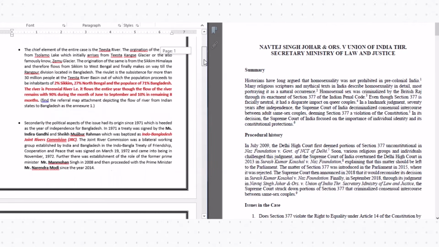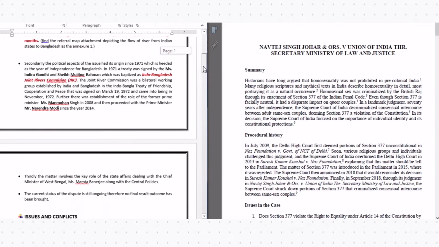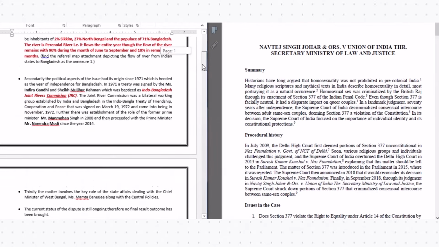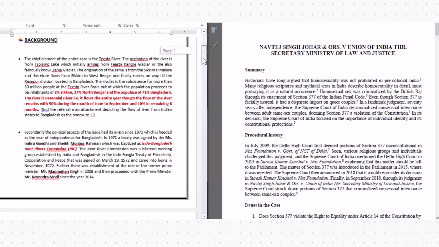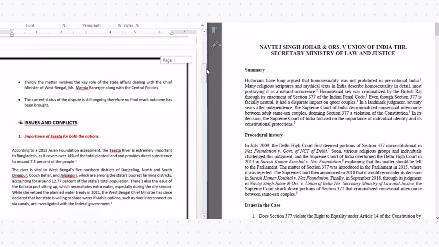So now I have written all the aspects of that river, the involvement of the prime minister and the treaty involved, everything about that in this background. So as you can see, this is the background. Same here in the summary, it is the same thing. You have to write down what actually happened. You can note it down in a short manner.